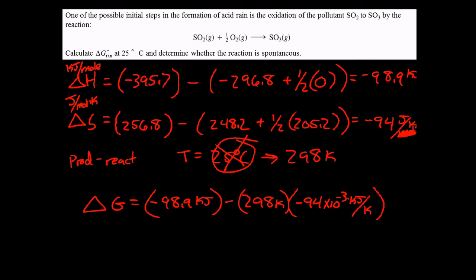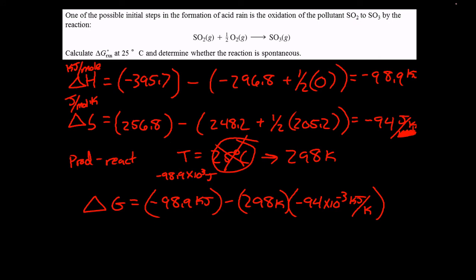So again, the reason I did this here is because I needed to get these two in the same unit. Alternatively, if you wanted to leave this as just negative 94, we could have made this negative 98.9 times 10 to the third joules. It would end up being the same thing. But I'm going to go ahead and stick with having kilojoules for both of them.